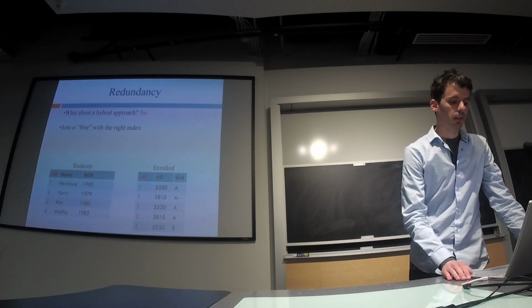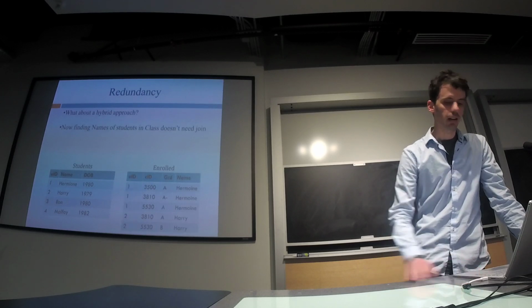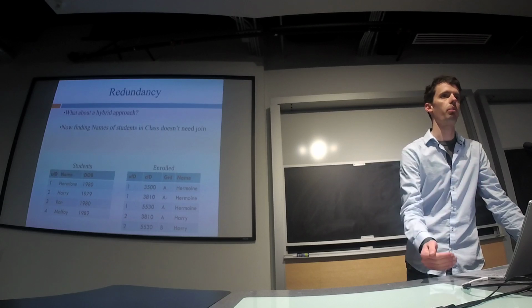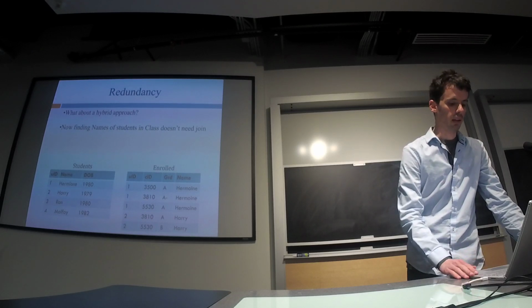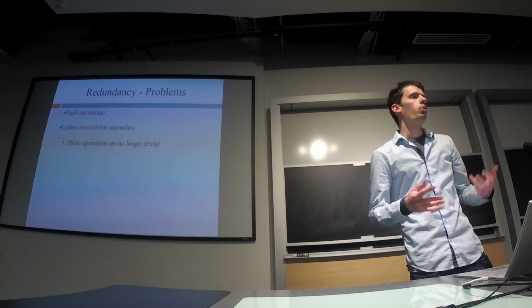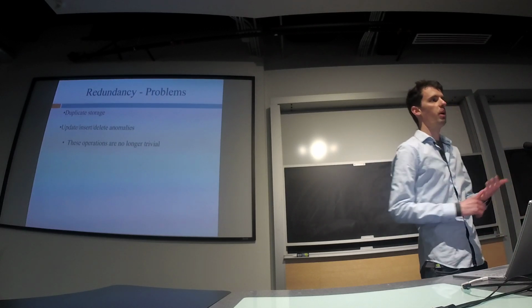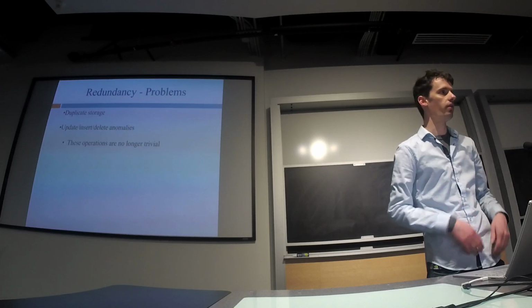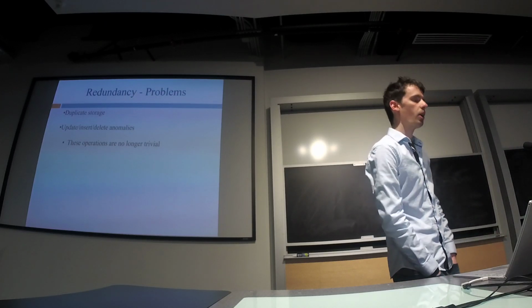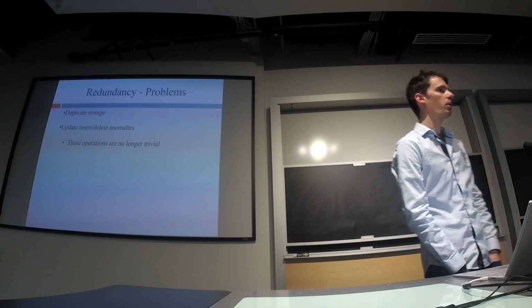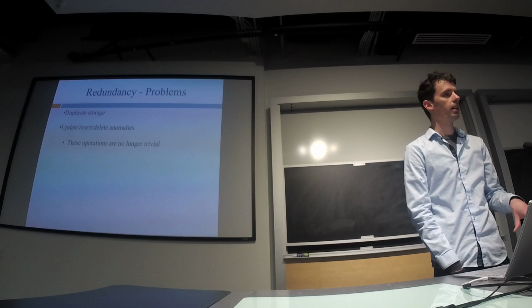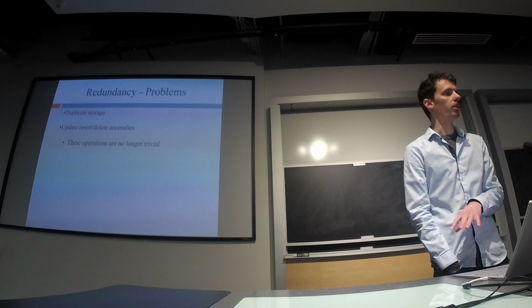So no, definitely don't add a name column to the enrolled table just because you want to speed up one particular query. So why not? The basic problem, which I already mentioned, is duplicate storage. You don't want to have a whole bunch of the same name everywhere. The bigger problem is more of a design problem, because it introduces what are called update, insert, or deletion anomalies.